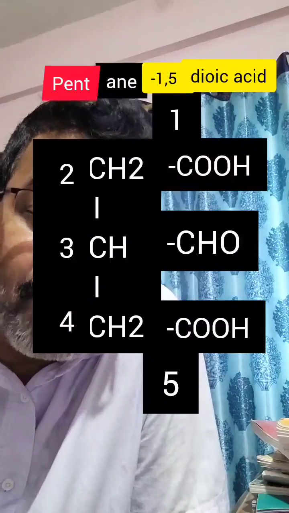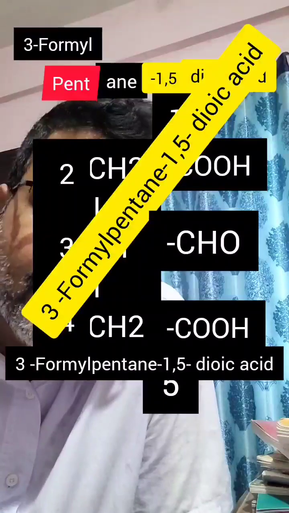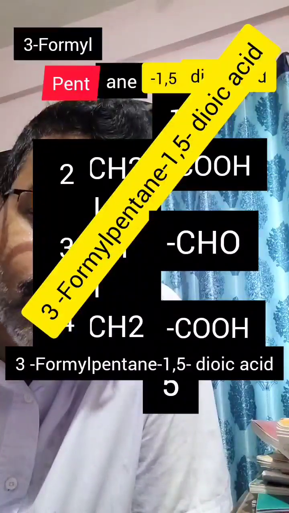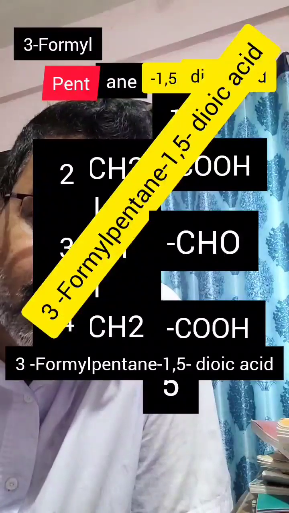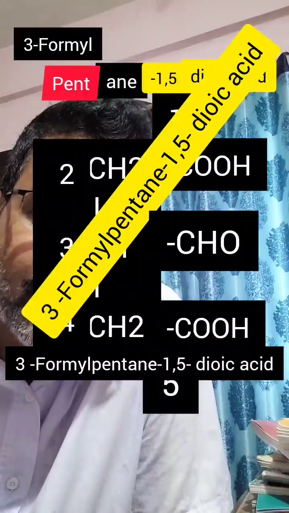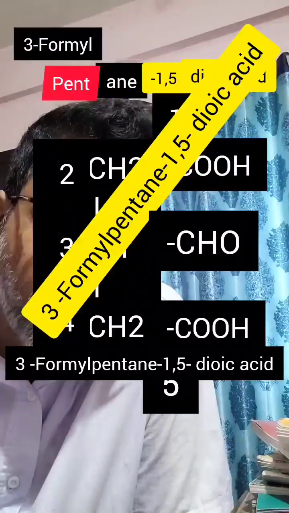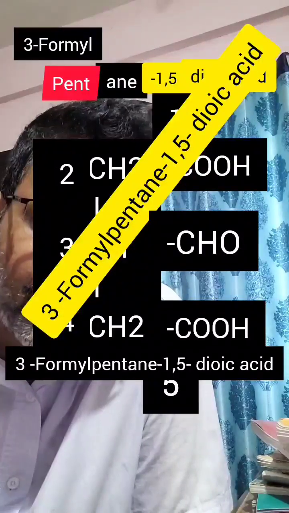Then for CHO, the prefix should be 3-formyl. Between 3 and formyl, a hyphen should be there. We insert hyphens between letters and numbers. This is 3-formylpentane-1,5-dioic acid.